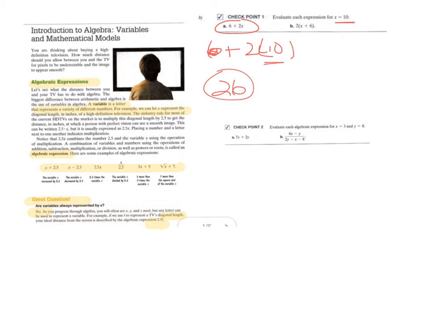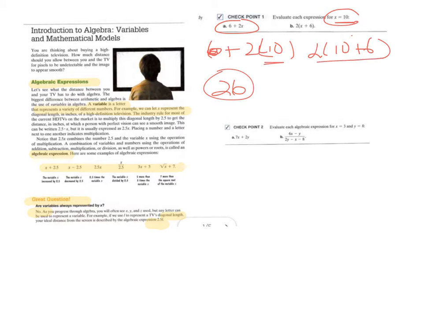The next problem is a distributive problem, but before we distribute, we could replace the x with the 10. So in this case, we could have 2 times the quantity 10 replaced for x, plus 6.